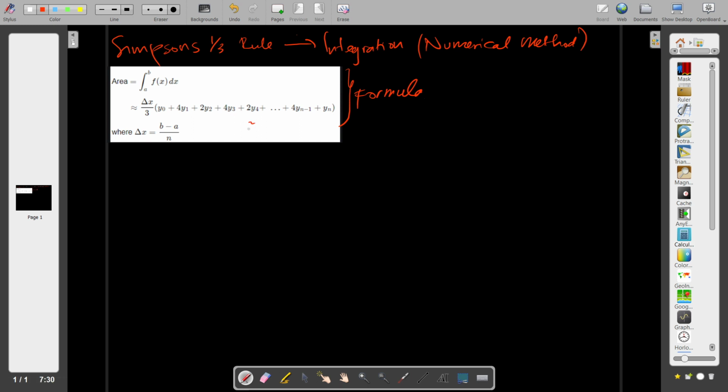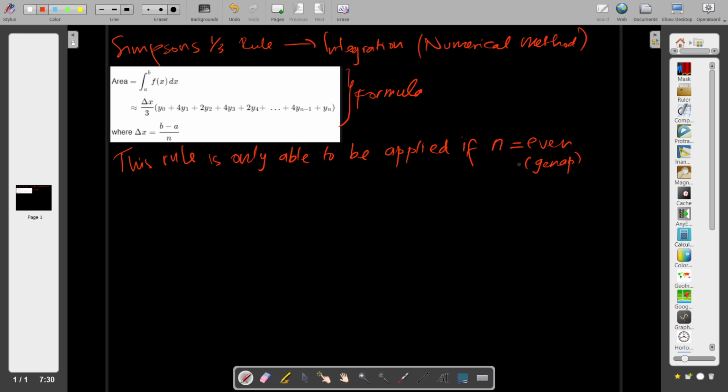This rule is only able to be applied if n is even, or in Bahasa Indonesia called genap.